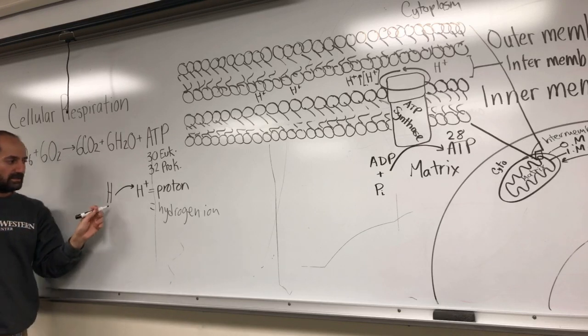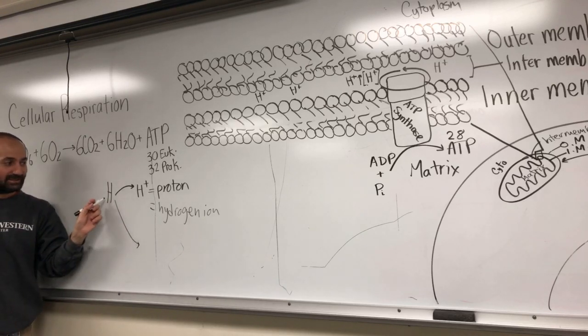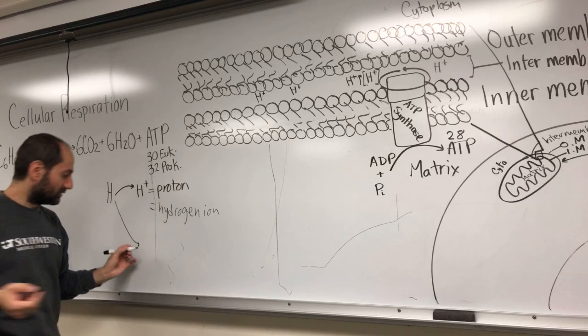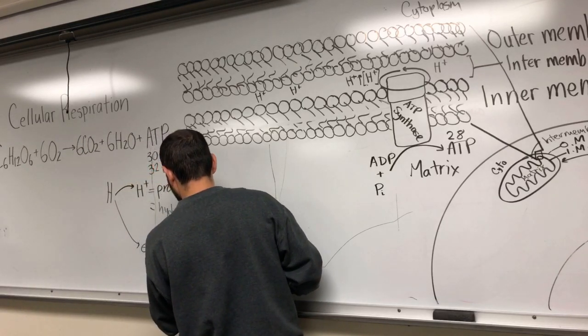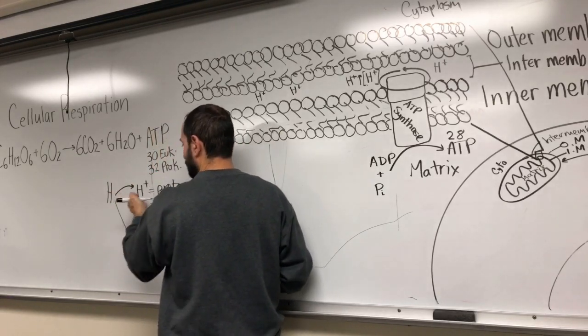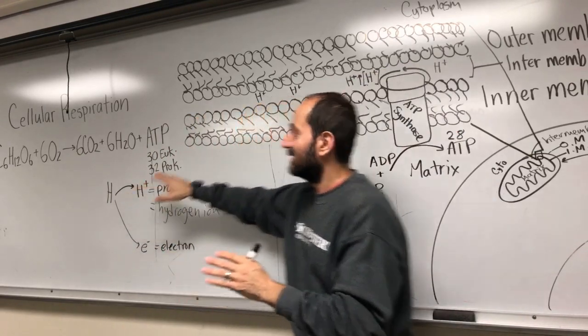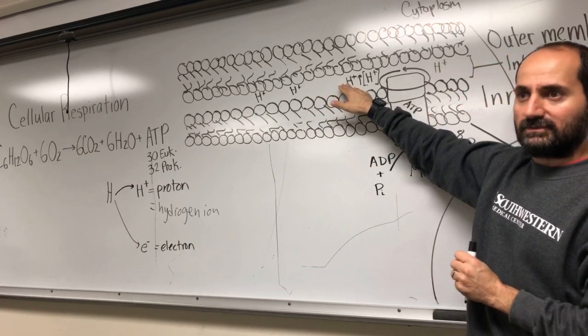And what else is a hydrogen made out of? One proton and one electron. Anyway, a hydrogen is a proton and an electron, and a proton you can write as H plus. And look, there's a whole bunch of protons in the intermembrane space.